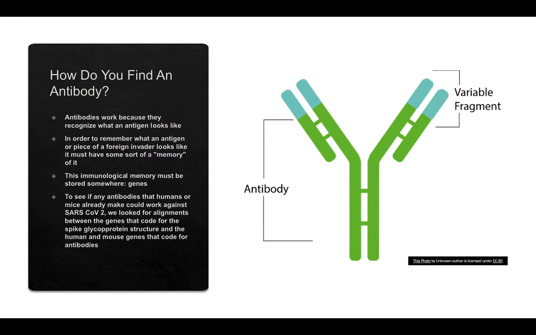So we looked at our own and mouse genes that code for antibodies to find any antibodies that may be able to recognize the spike glycoprotein of SARS-CoV-2 or COVID-19 and subsequently bind to it, neutralizing it.